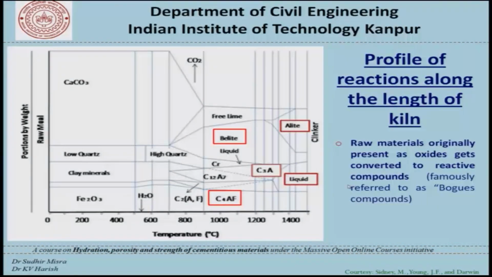A bigger picture is shown for clarity. So, overall the raw materials originally present as oxides get converted to reactive compounds, and these reactive compounds are famously called as Bogue compounds.